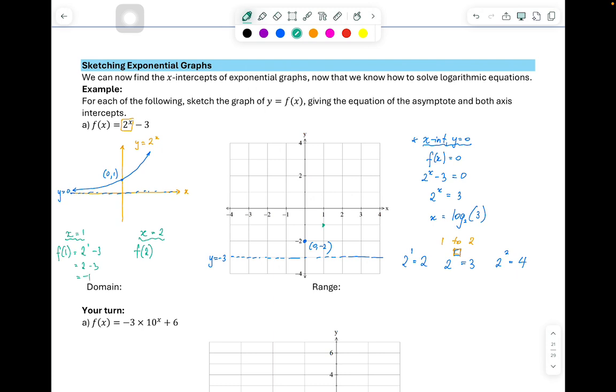At 1, we end up at minus 1. And we also end up here. So now when we go to sketch our graph, we need to make sure we pass through each of these target values.